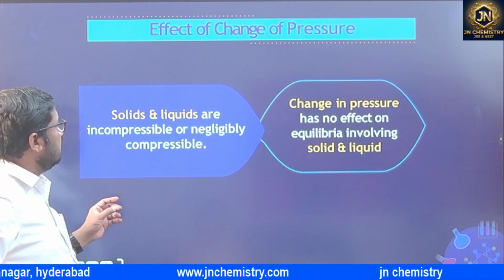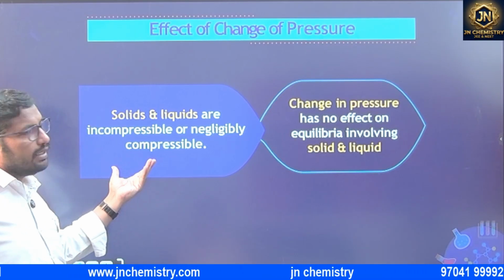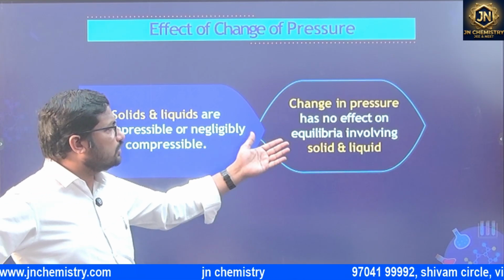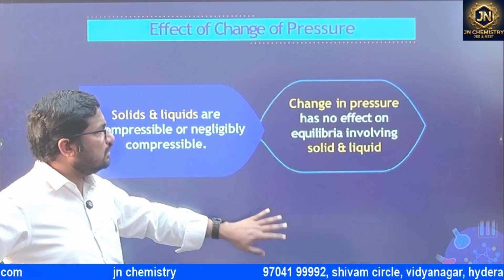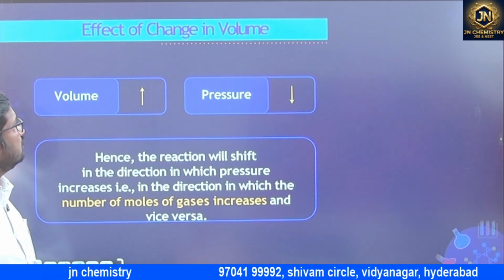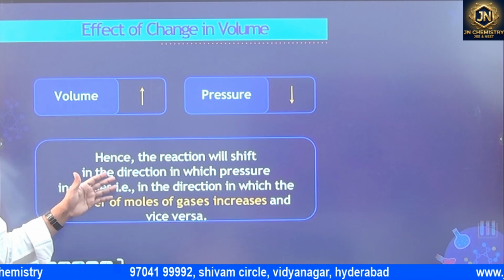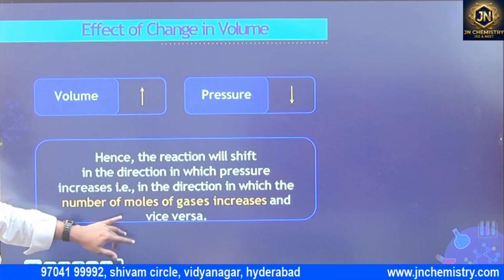Effect of pressure on solids and liquids: they are incompressible, so the effect is negligible, obviously. Change in pressure has no effect on equilibria involving solids and liquids. Effect of change in volume: volume increases, pressure decreases, and vice versa.